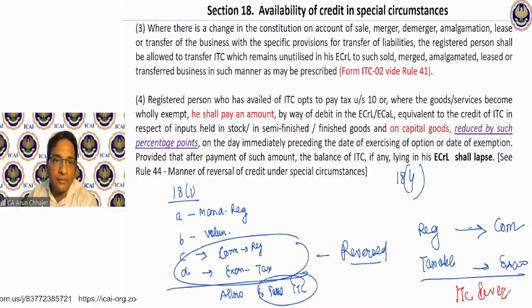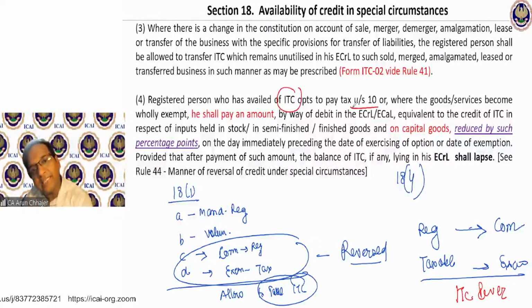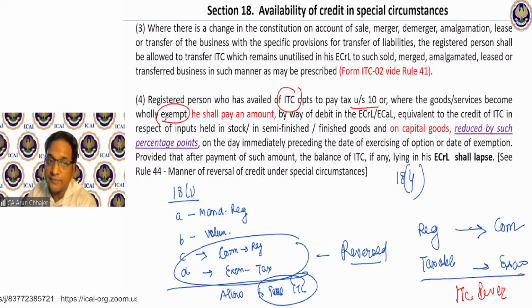I have to pay. The registered person who has availed the ITC is now opting to pay the tax under composition, or when the supply becomes tax exempt, then I have to pay the amount. How much amount will I pay? Mode can be credit or cash ledger. How much amount will I pay? Equivalent to the credit of the ITC, equal to the stock.